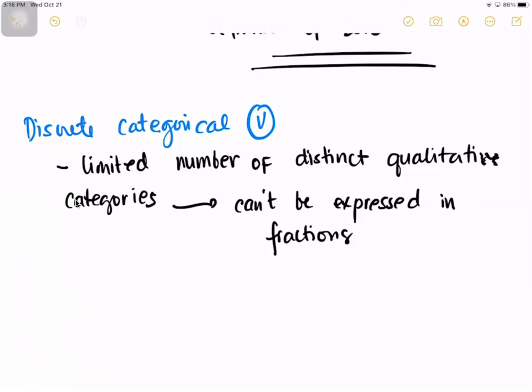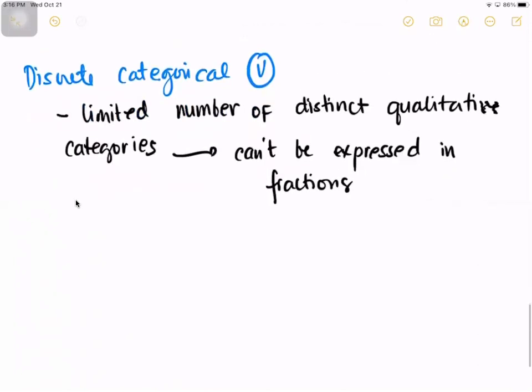So what are some of the examples under our discrete categorical variable? We have sex or gender. Remember that gender is different from sex. Sex is your biological composition, while gender is more of the identity that a person assumes.